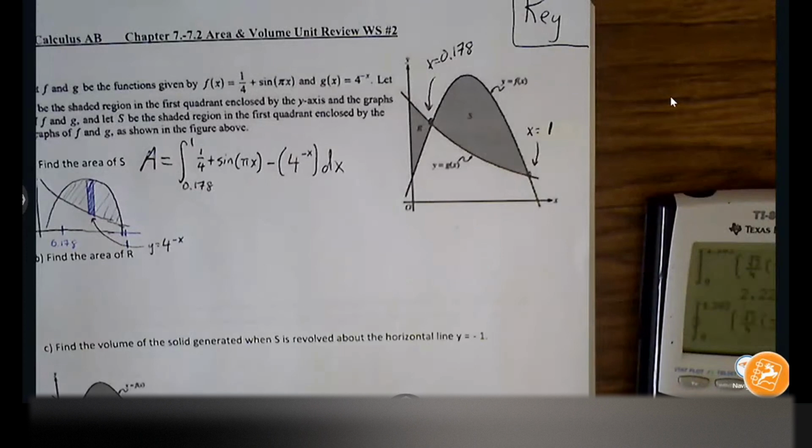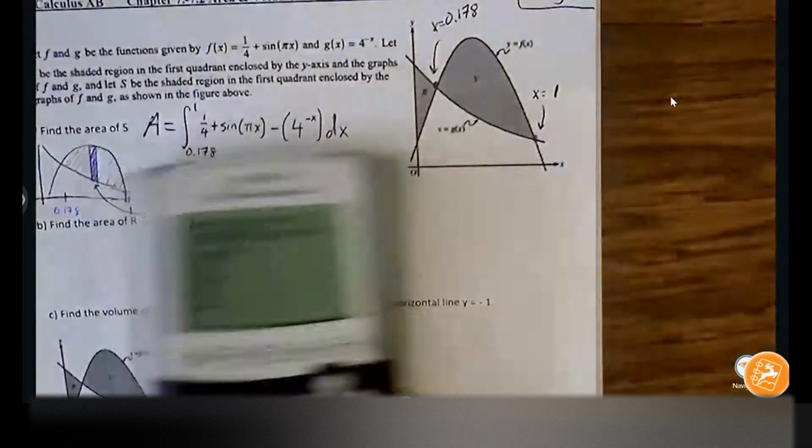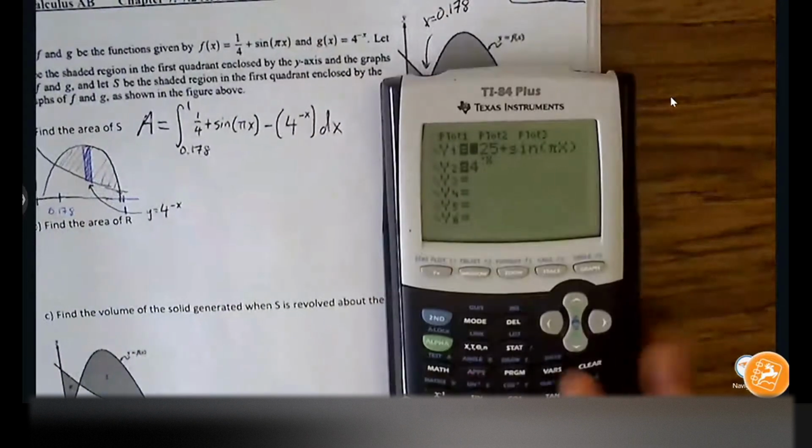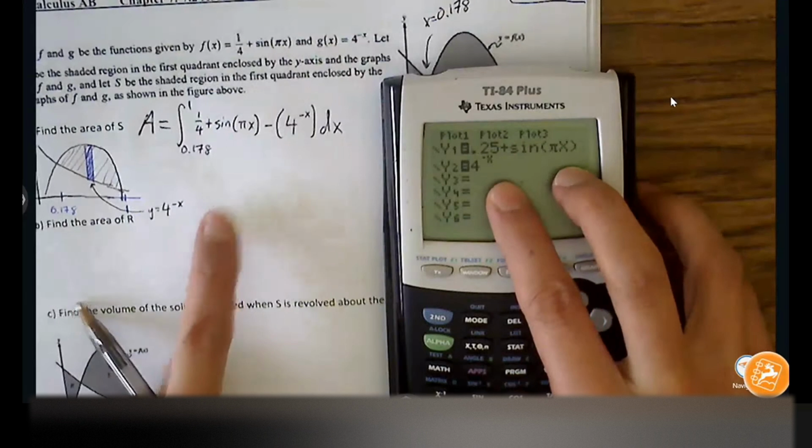Okay, so go ahead and plug that in. I'm just going to call these functions because I have them stored under y1 and y2.